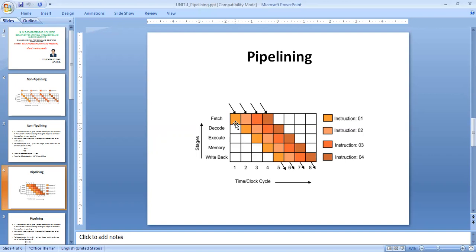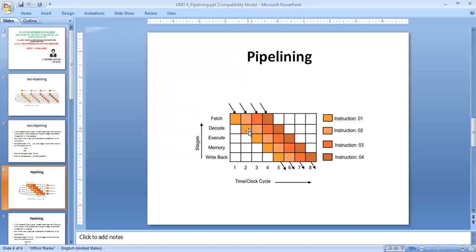Once instruction 1 finishes the fetch phase, it moves to the decode phase. Once it is in the decode stage, the fetch stage is free, so that it may handle instruction 2 in the fetch stage.